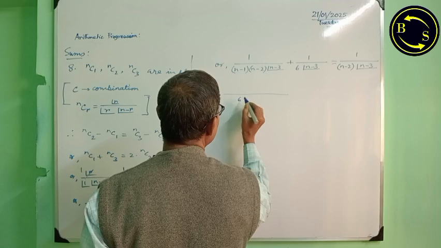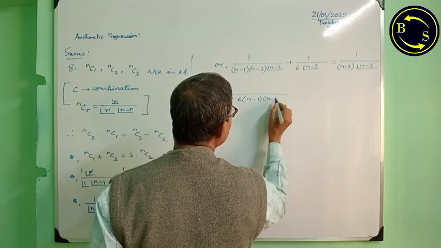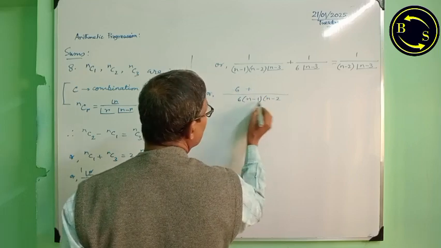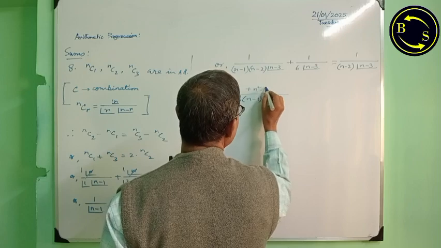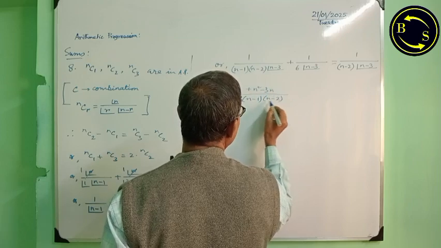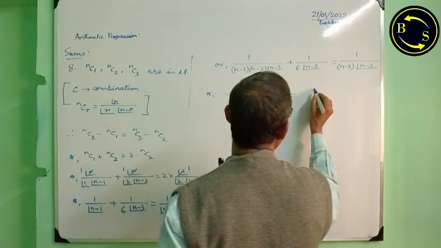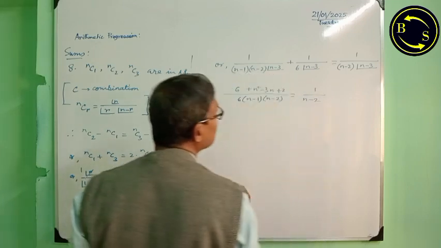LCM will be 6 into n minus 1, n minus 2, numerator will be 6 plus product of these two, that is n square minus 3n plus 2, is equal to 1 by n minus 2.